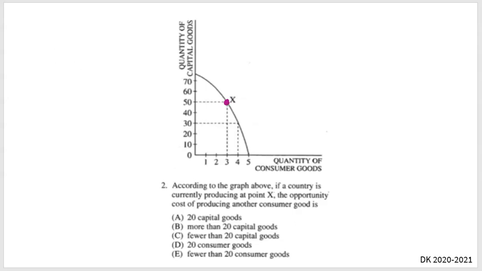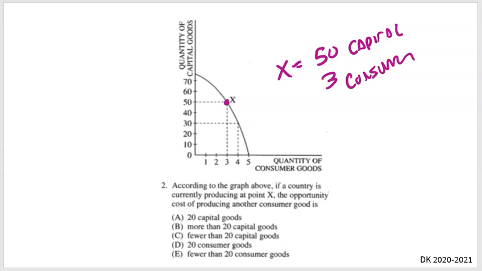So for this one, according to the graph above, if a country is currently producing at point X, right here, the opportunity cost of producing another consumer good is what? So here, at point X, they are producing 50 capital goods, and they are also producing 3 consumer goods. What happens if they want to produce one more consumer good?